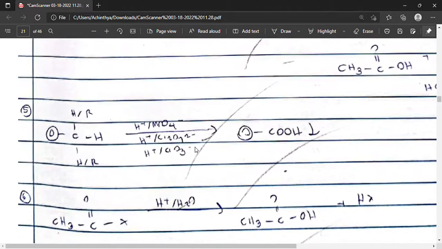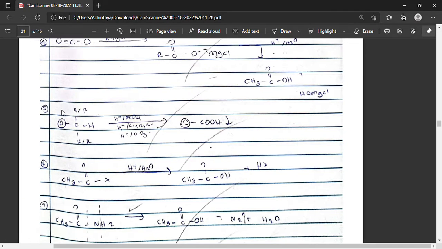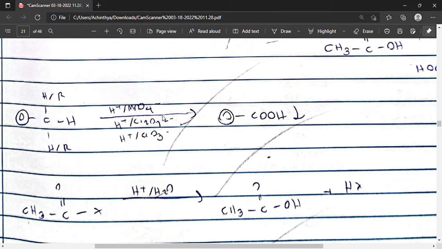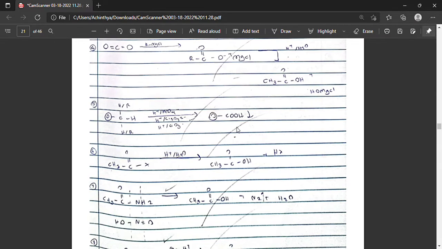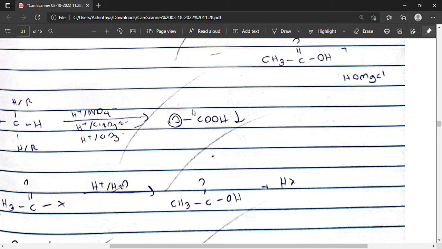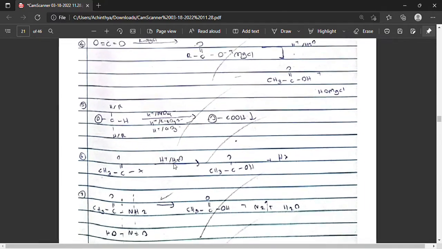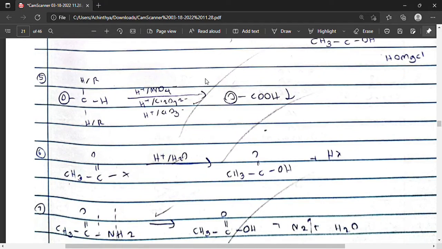We can also take primary or secondary alcohols, or in this case we have taken benzene as the R group, and we can oxidize it with strong oxidizing agents to obtain a carboxylic acid, in this case benzoic acid, which is a white precipitate.